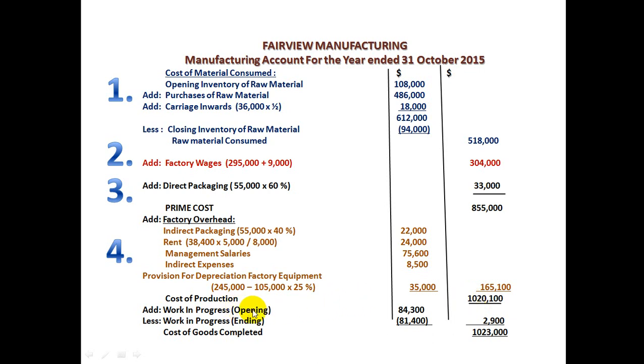Because opening work in progress and ending work in progress are also given to us, we will be adding the opening work in progress to this amount and we will be subtracting ending work in progress from this amount. Or you can say directly we'll be subtracting the difference and we'll take this in the cost of goods produced to finally know the amount.